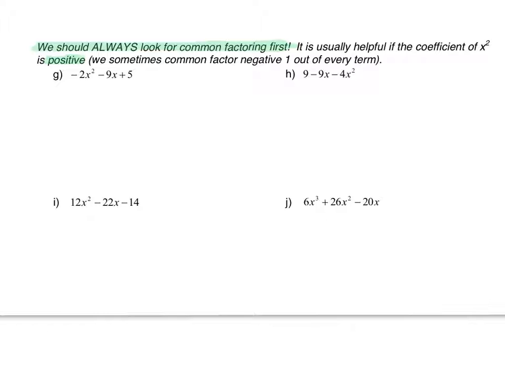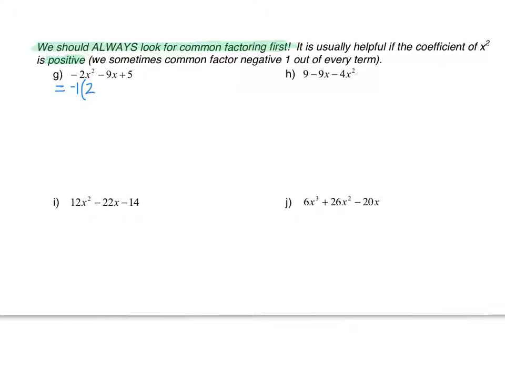There's only x squared, x, and then the 5 doesn't have an x, so no, there's nothing else that's common with this particular example. So my first step with this one is going to be that I'm going to factor out -1. So you could put the 1 there, or you can just put a negative there.